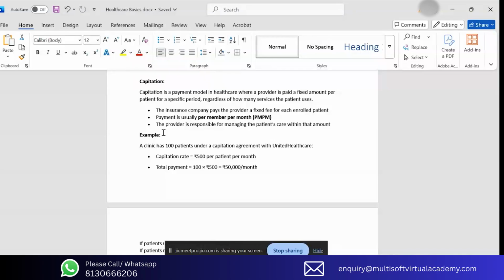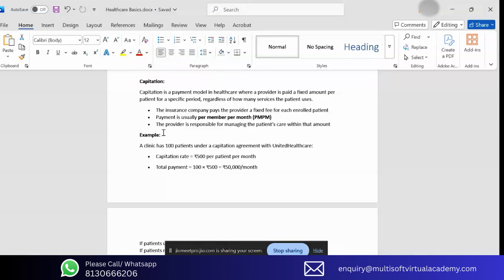In order to avoid that, capitation is introduced. The capitation provider says that for 1 month, this is the standard amount you pay to the provider, and irrespective of any number of visits, the doctor can give services to the member. So no copay, no coinsurance, no deductible, nothing.